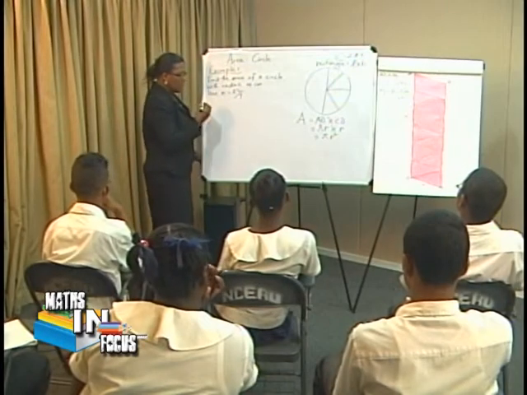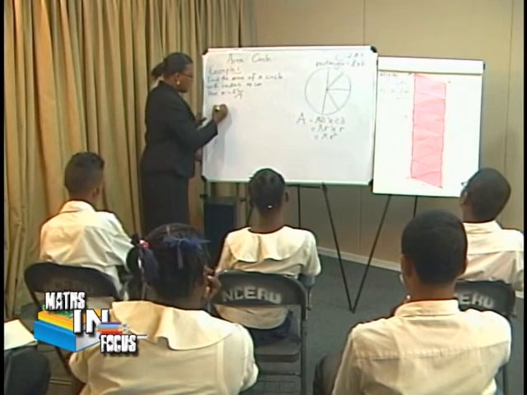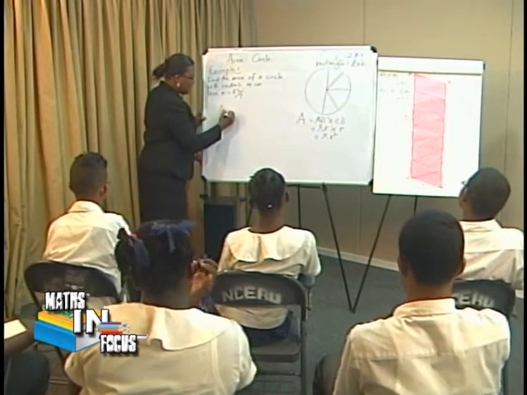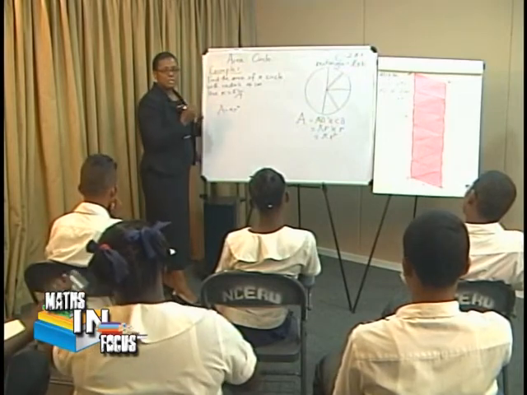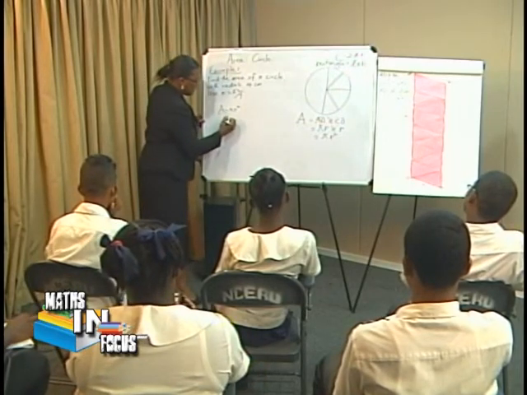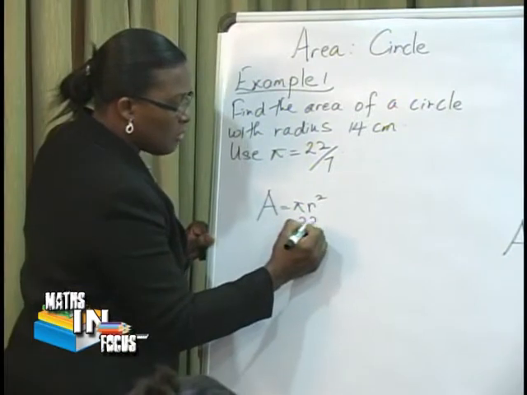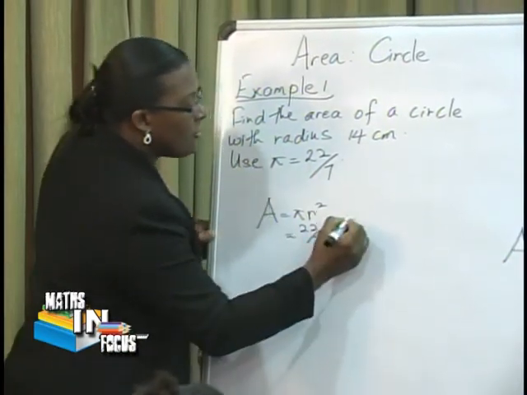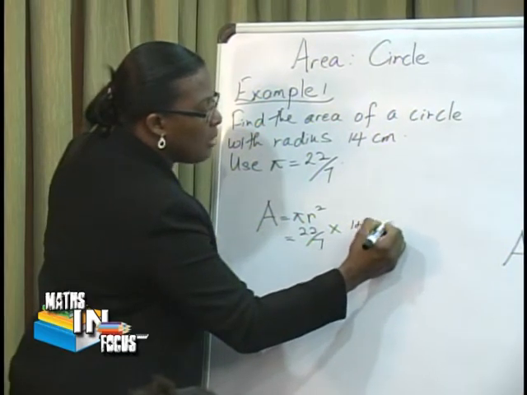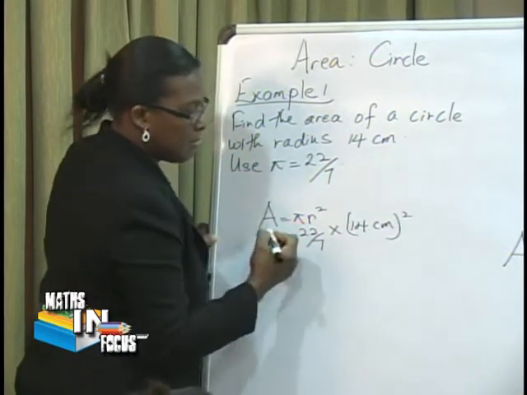So the first thing we're going to state is our formula. Area A is equal to pi r squared. We're going to substitute now. Pi, 22/7, and the radius would be 14 cm squared.